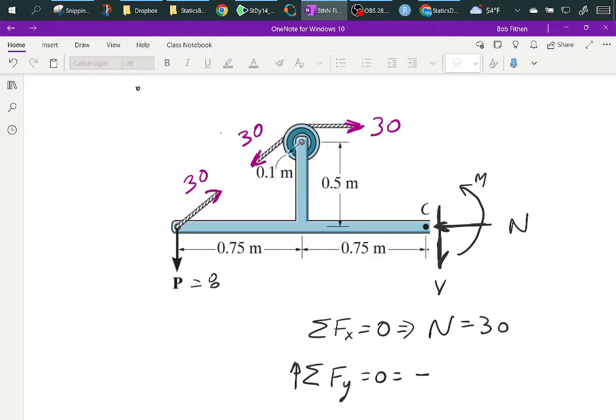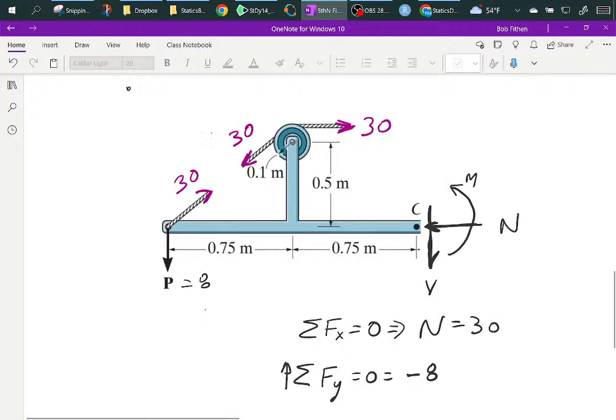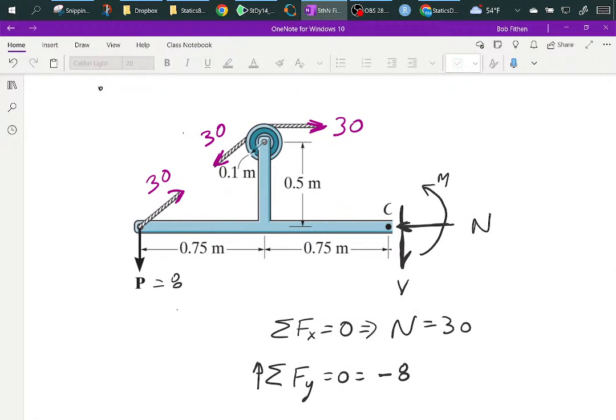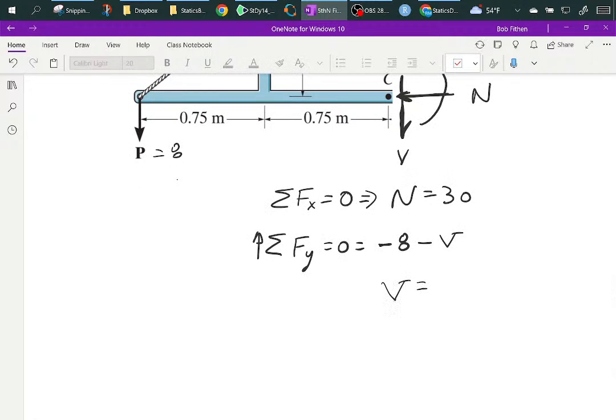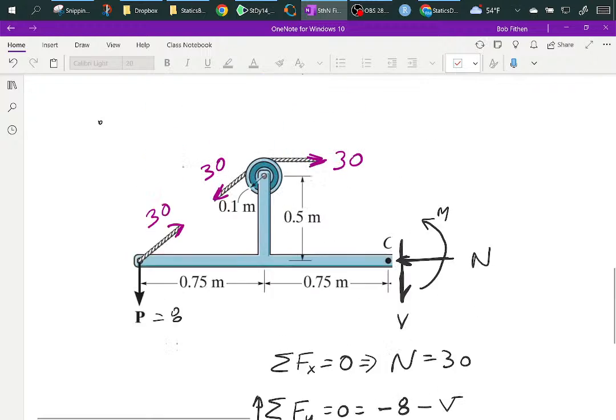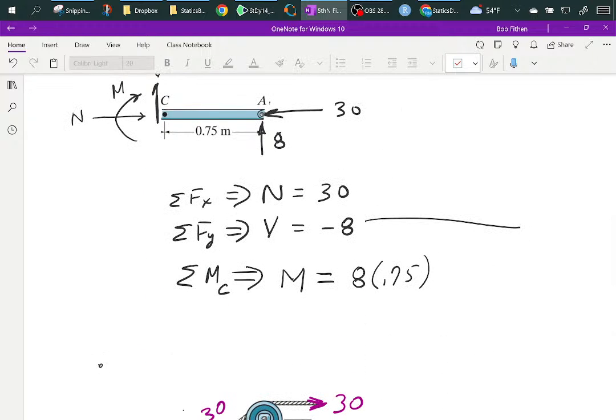Minus 8, because it's going down. Okay, here we go. Internal, this and this offset each other, and I got this V going that way. Now, is V equal to minus 8 up here? I do not remember. And in fact, it is.